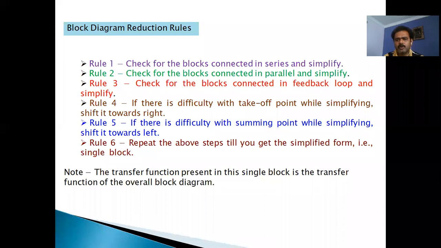Reducing that block diagram into a single block is called the block diagram reduction technique. To obtain a single block, or the transfer function model of this complex control system, we have to apply block diagram reduction rules. Those are the rules we have just discussed.